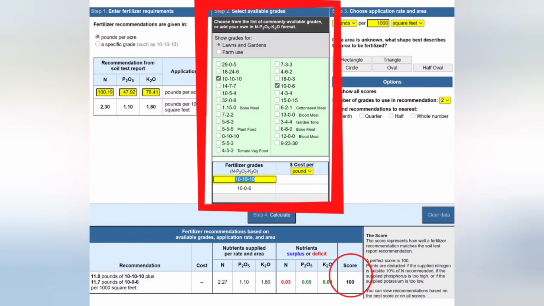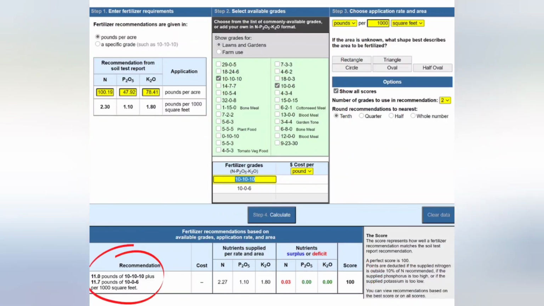And if you look down at the very bottom, you will see that the recommendation comes back as 11 pounds of 10-10-10 fertilizer. And that means 10 of the nitrogen, 10 phosphorus, and 10 potassium. That's the NPK. And then you also want to add 11.7 pounds of 10-06.